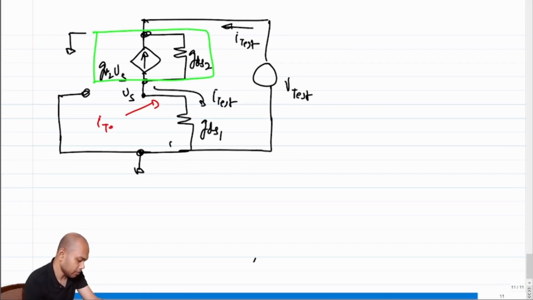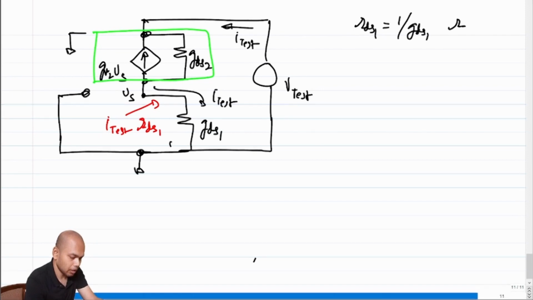The value of Vs becomes I test times 1 over GDS, or let me call it RDS1, right? So let me write it down also. RDS1 is 1 over GDS1. Similarly, RDS2 is 1 over GDS2. So Vs becomes equal to I test times RDS1.